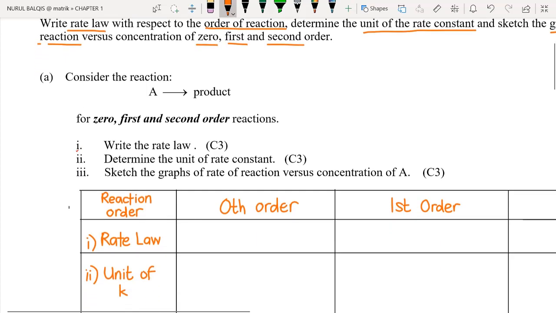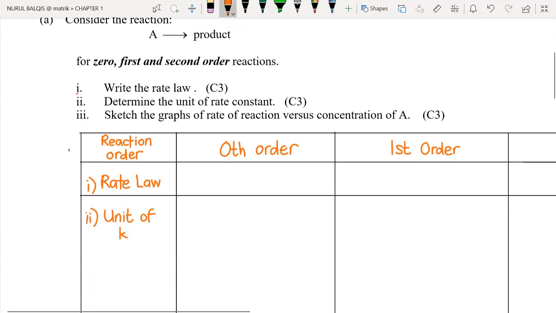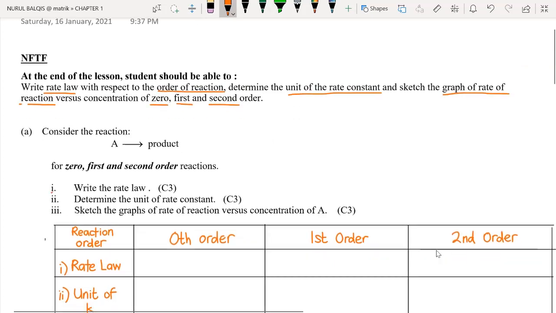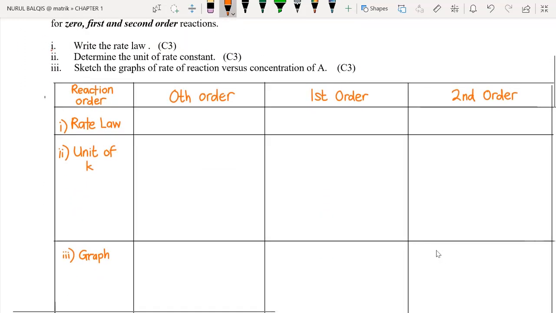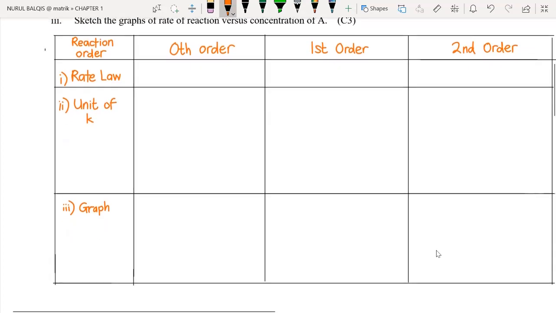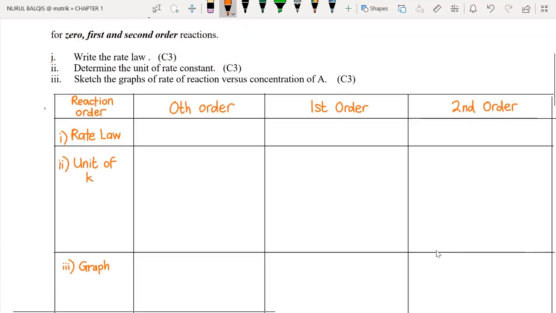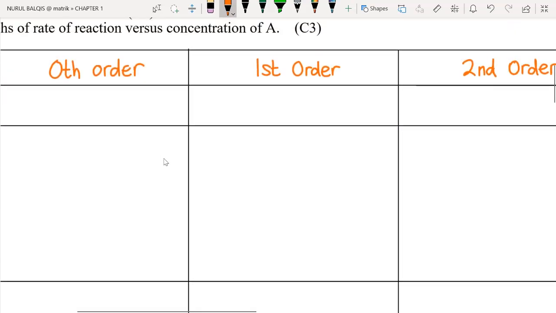Alright, so since the questions ask you to write the rate law, unit of rate constant, and sketch the graph for all three orders, I have simplified it into this table. So basically we have everything that they want: rate law, unit of rate constant, and also graph. And then we're going to do it one by one starting from 0th order. So let's start with the rate law for 0th order.